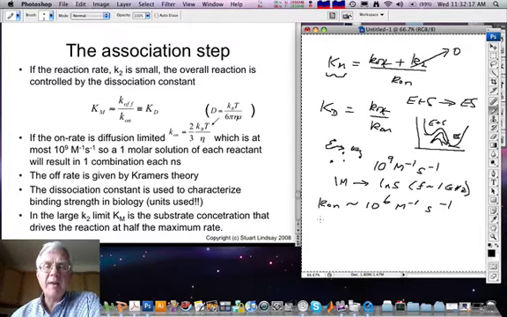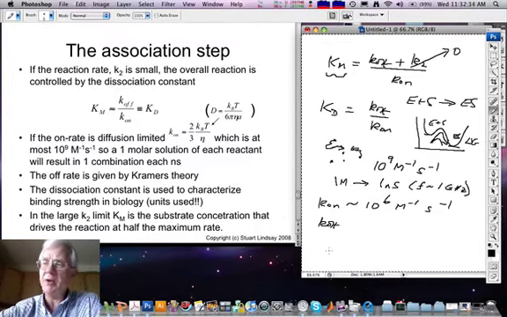The off rate, on the other hand, is given purely by this delta G here for the bound complex, and is characteristic of the strength of binding. So overall, the dissociation constant then is a good measure of the strength of an interaction. Things that bind very strongly may have dissociation constants in the nanomolar or sub-nanomolar range, whereas things that bind rather weakly may have dissociation constants on the order of micromoles.